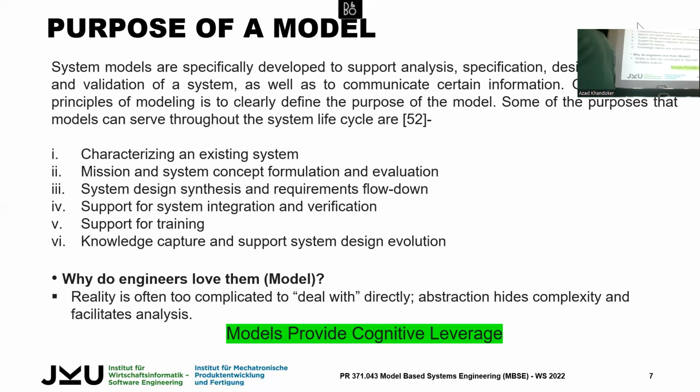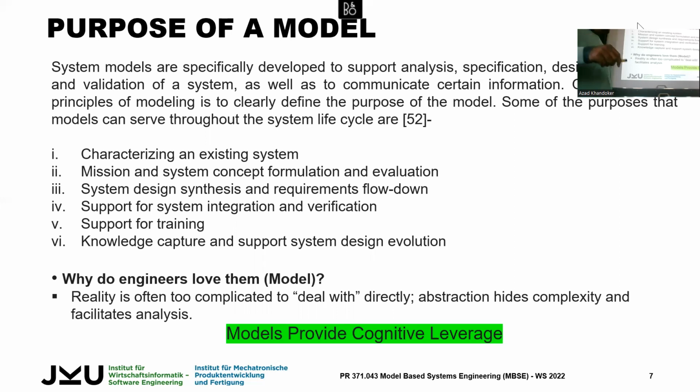And the purpose of a model. I think you can read it through. It is more or less what I described in the last slides. This is kind of a summary. And this is a very interesting question to me: why do engineers love models? Reality is often too complicated to deal with directly.